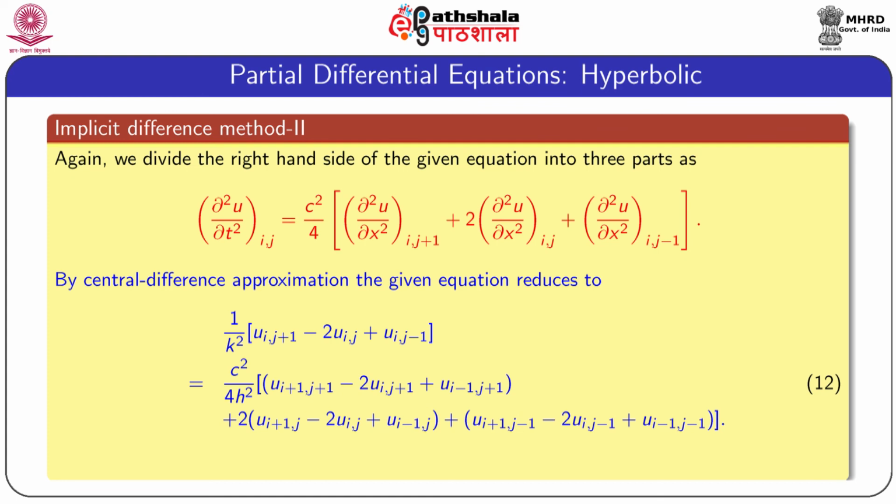So this is the second implicit formula to find the solution of the hyperbolic partial differential equation. Both these implicit difference formulae are valid for all values of r, where r equals ck by h, and the value of r should be positive. That means these two formulas are valid for positive values of r.